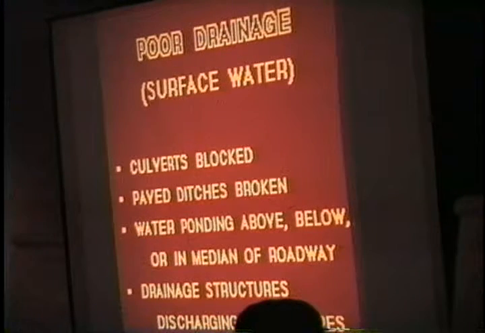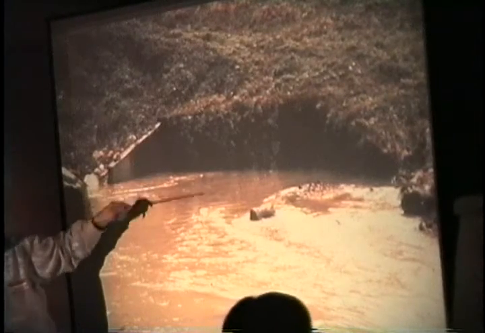Bring it down a little further and put a ditch. I got some pictures of that. There's a bridge abutment up here, and material had been washing down, and this culvert is being covered up.